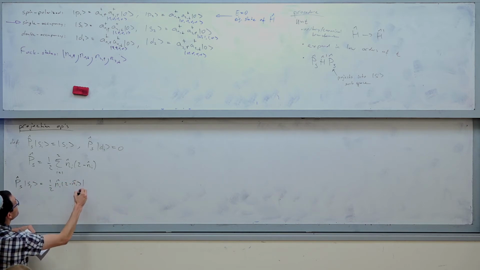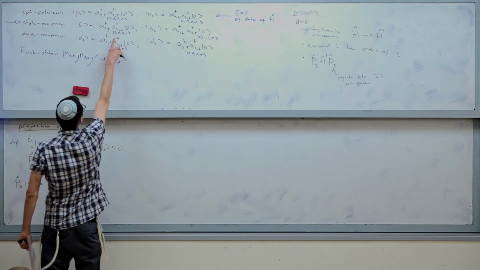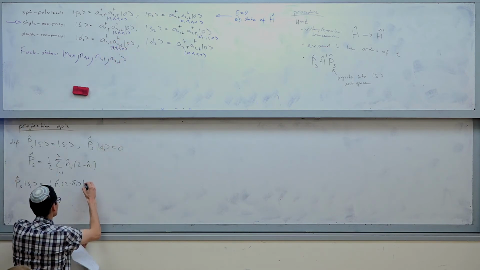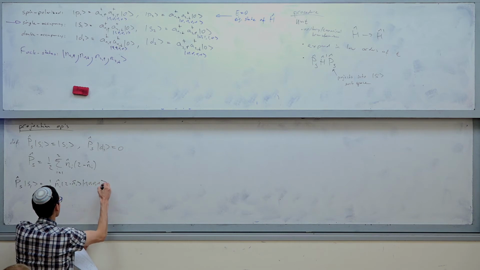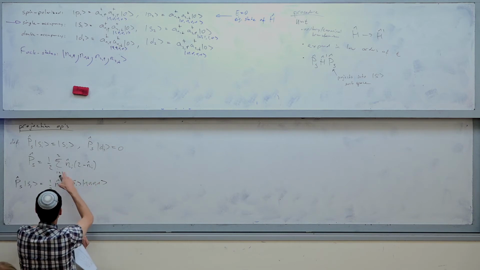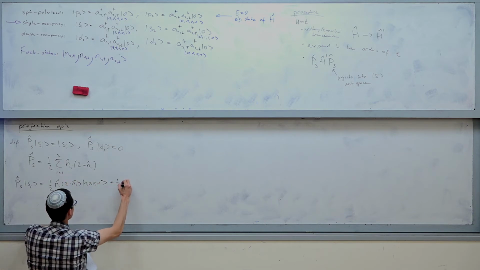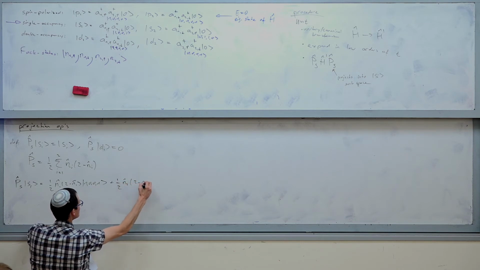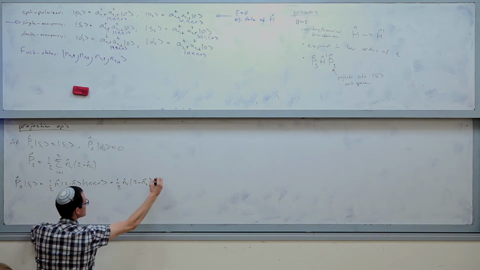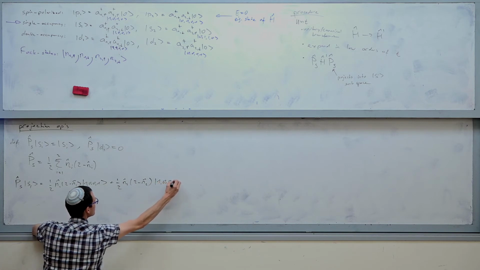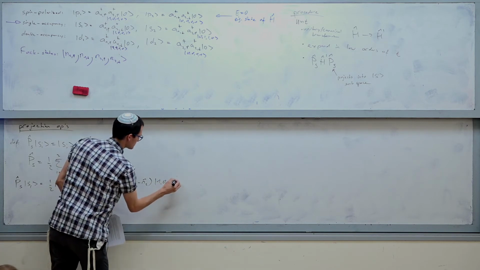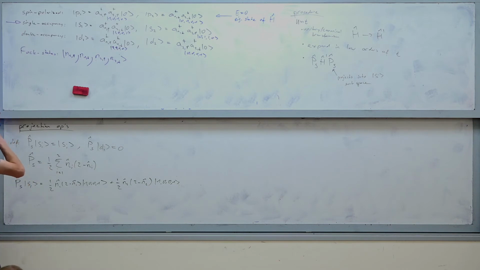Now, what is S1? That is the state 1001. And then I have to apply the second part of the sum, which is 1/2 N2 times 2 minus N2, and that also acts on the state 1001. Okay, so what do I get? What is N1?